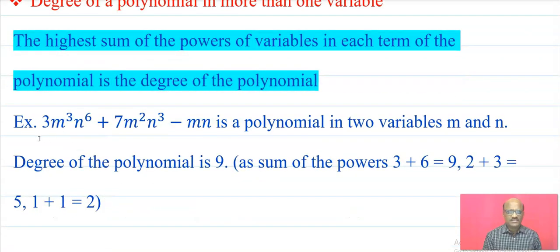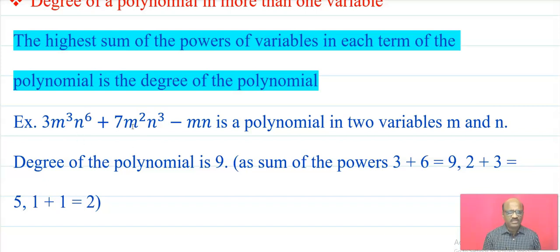See this example, 3m cube n raised to 6 plus 7m square n raised to 3 minus mn is a polynomial in two variables, m and n. Now the degree of this polynomial is 9. Why is it 9? The power of m is 3 and n is 6. This is the highest number. 3 plus 6 is 9.